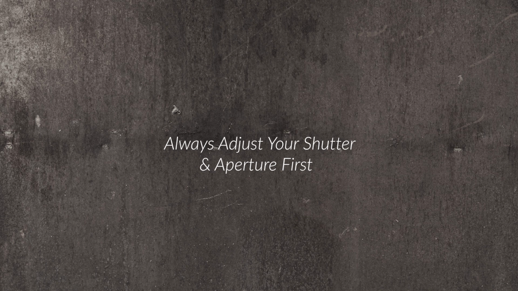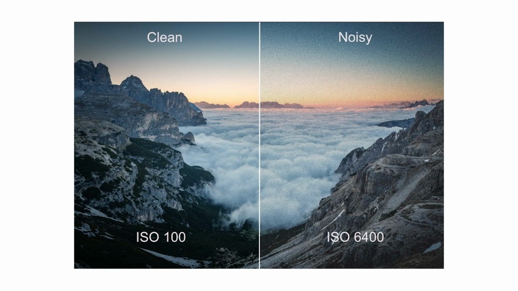So because of this, you should always concentrate on adjusting your shutter speed and aperture and have these as your priority. High ISO numbers will start to introduce noise and grain into your photos, though this is largely dependent on the quality of your camera body.